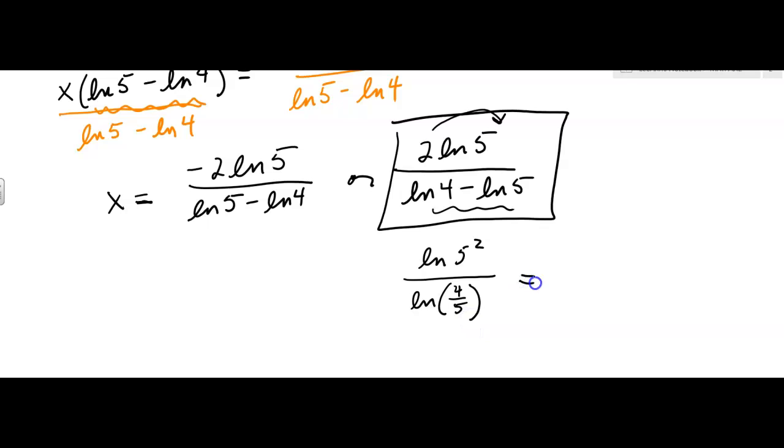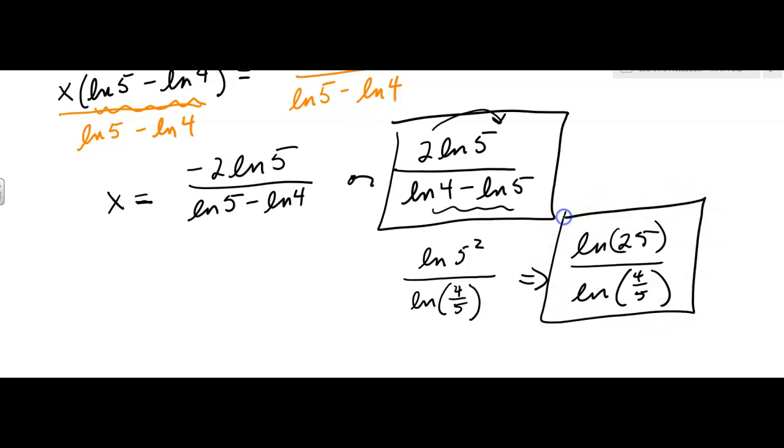And then that would be natural log of 25 over the natural log of 4 over 5. Okay, so that would be an okay answer. Your book doesn't even do it that way, though. They use the other form that I had. So they go natural log 5 to the negative 2, which we can deal with, over natural log of 5 over 4.